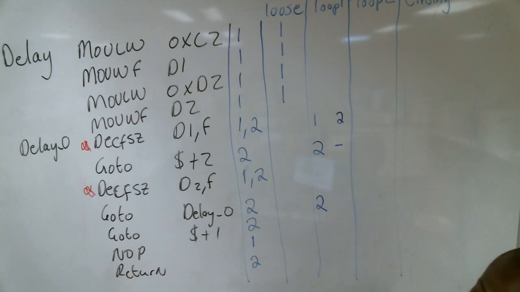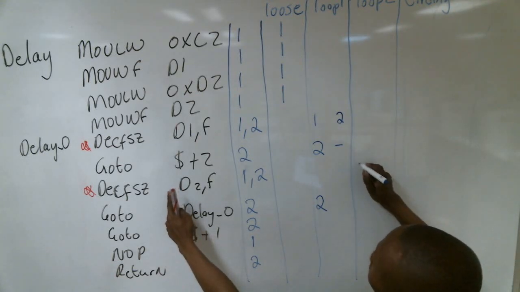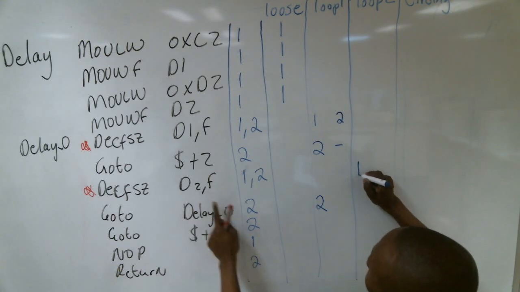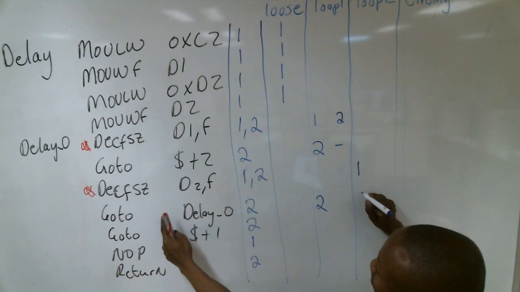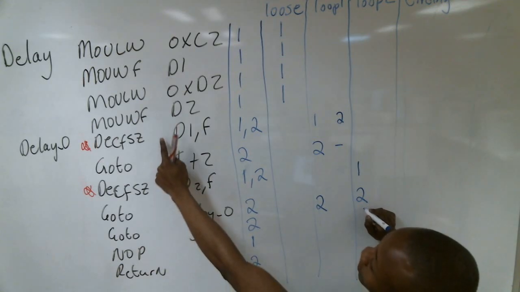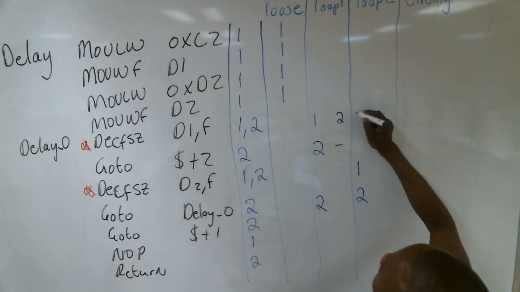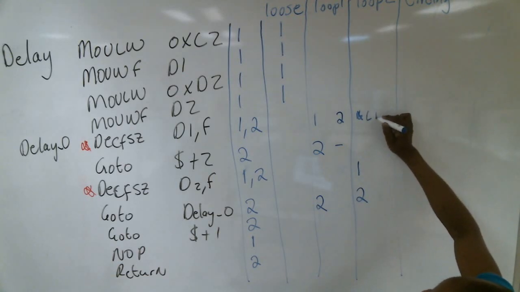It's not going to skip because the value is not going to be 0. So this instruction is going to be executed as 1 cycle, and then go to delay 0. That's 2 cycles here for the go to. Now delay 0, I know this is where loop 1 is. So it's going to come back here where loop 1 is.